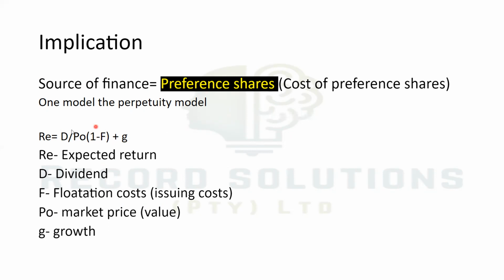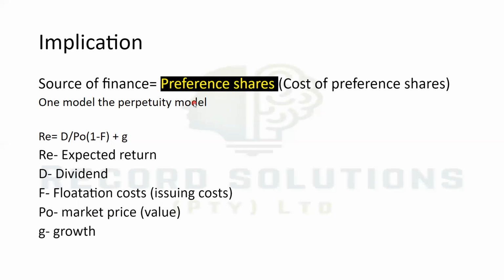So this dividend that you use here is the dividend value that they give you there. But this D here also means next year's dividend, in this case. And then P0, like I said, is the market price of the share, right? And then F is flotation costs.